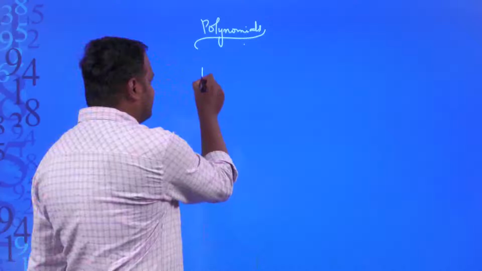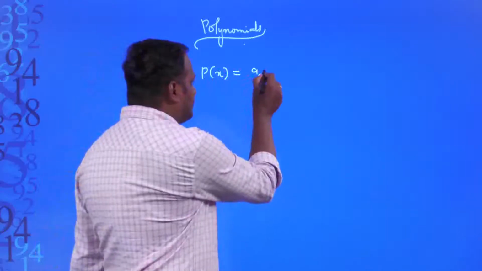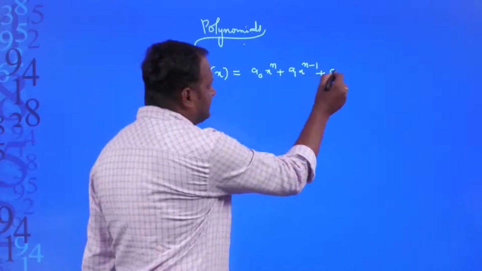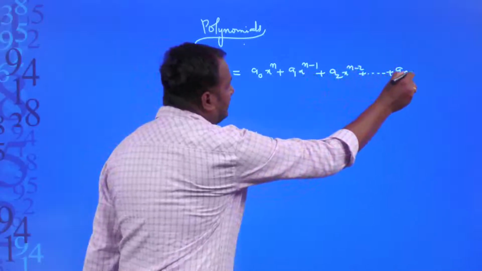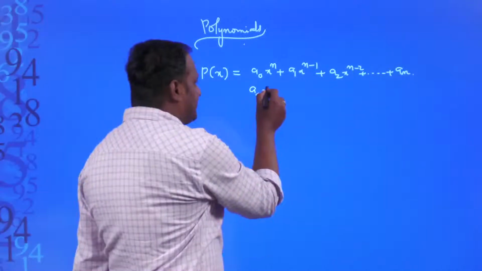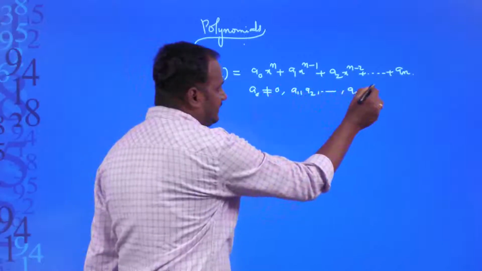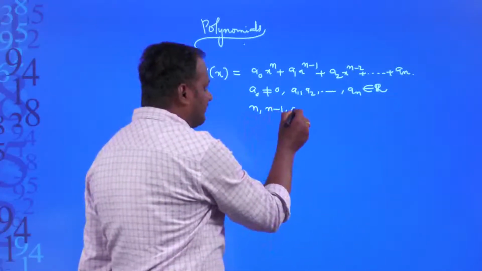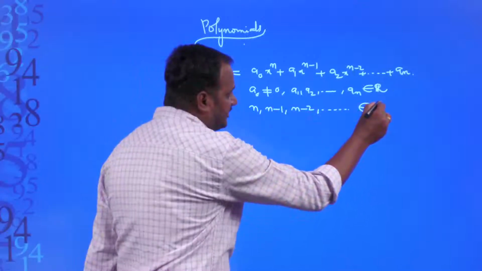Let us consider an algebraic expression in terms of x, which is equal to a0 x to the power of n plus a1 x to the power of n minus 1 plus a2 x to the power of n minus 2 plus so on plus an, where a0 is not equal to 0, a1, a2 and so on an are different real numbers, and moreover n, n minus 1, n minus 2 and so on are non-negative integers. What do you mean by non-negative integers?